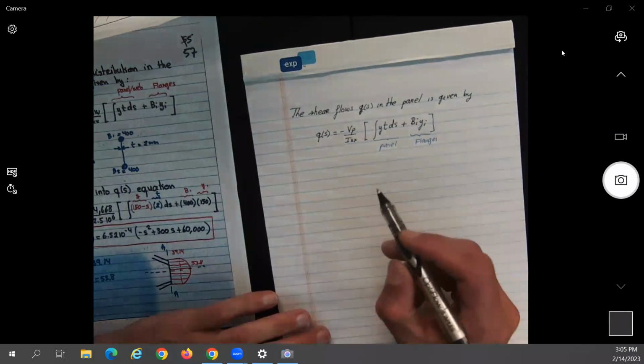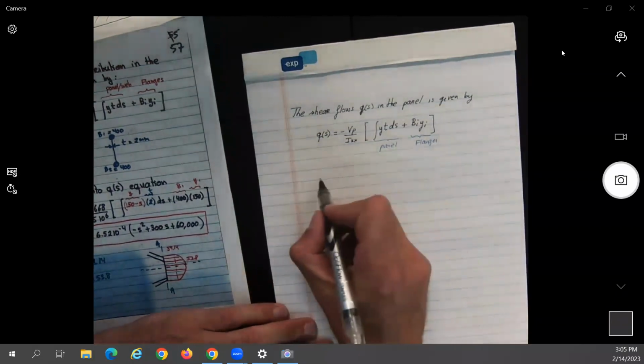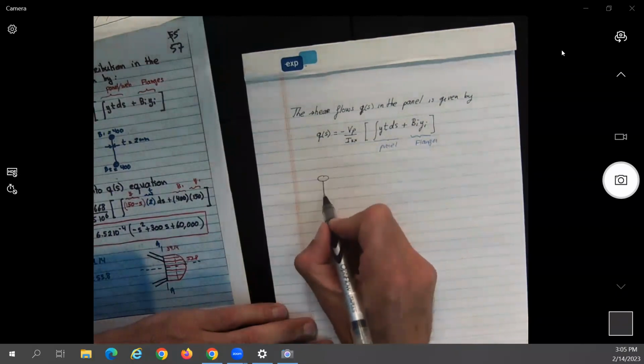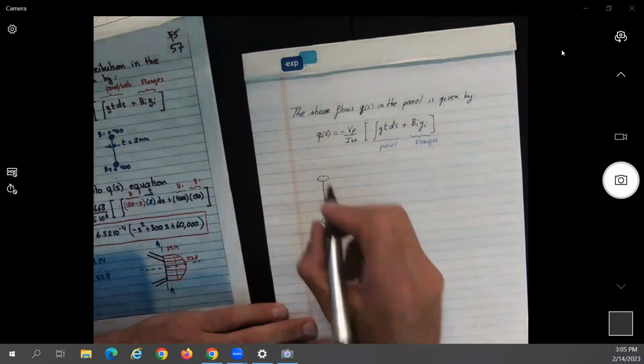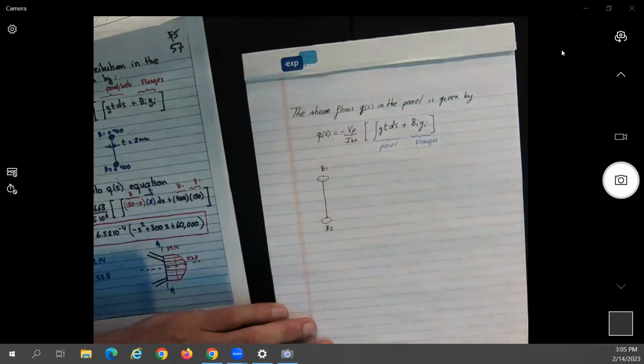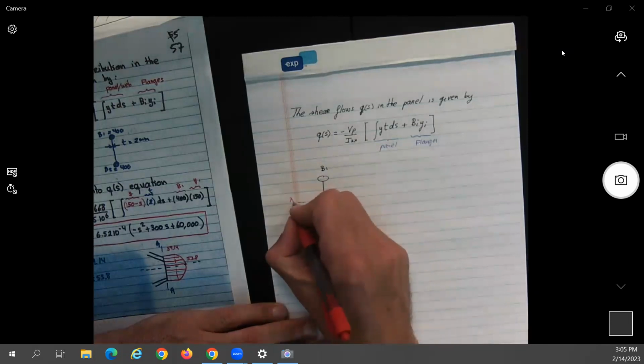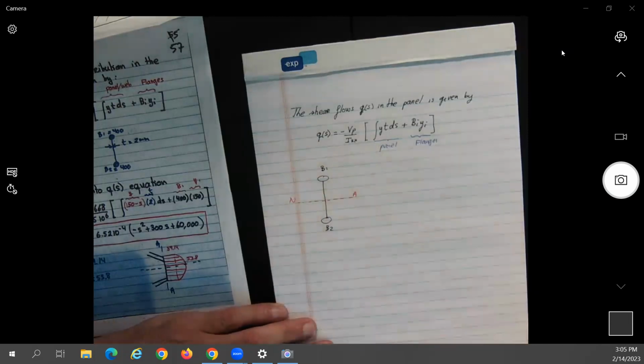So here we go, let's do more figures. B1, B2. Natural axis.